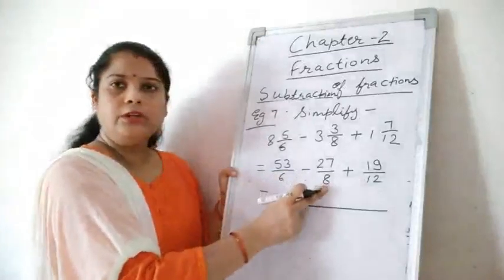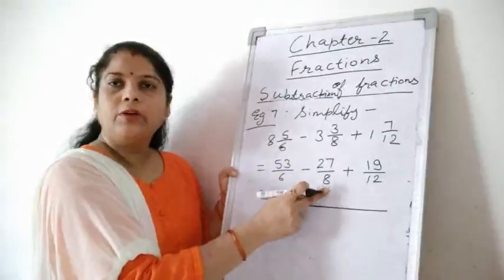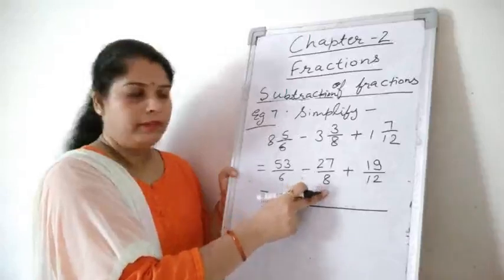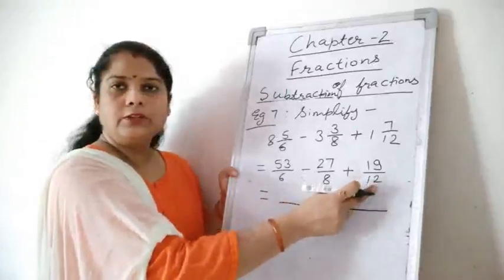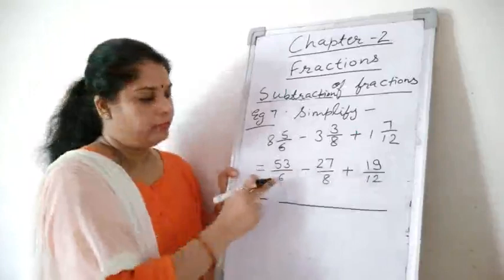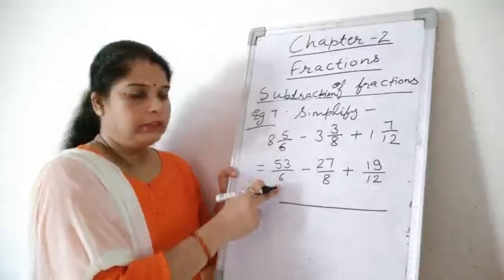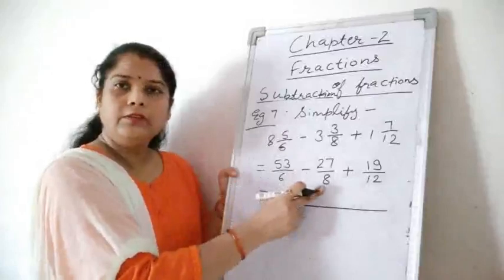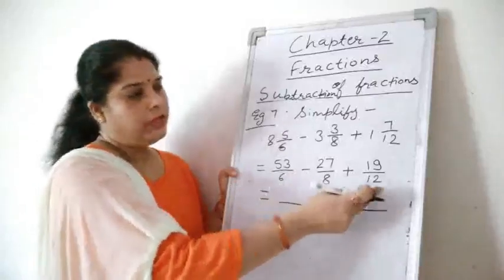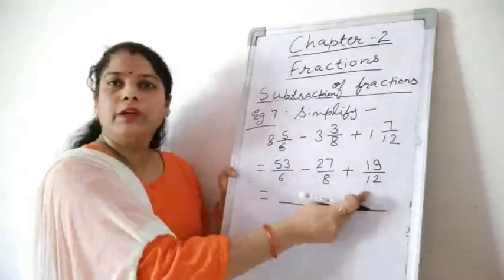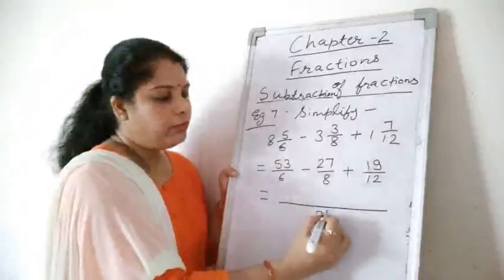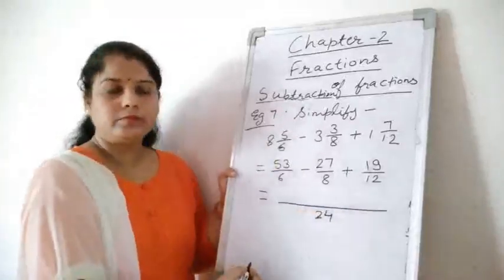But 12 is not divisible by 8, because it is not coming in the table of 8. Now the next, 12 twos are 24. Yes, it is divisible by 6 and by 8 also, and of course by 12. So 24 will be the LCM.